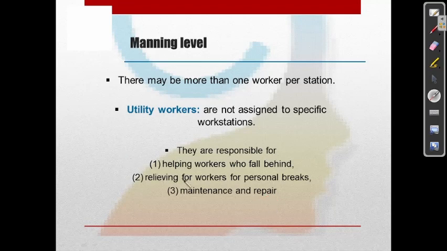Some workers need help for a certain time, if the instrument does not come at the correct time, or if one or more products come at a particular time at the station. At that time the worker needs help from another worker. Then relieving workers for personal breaks: when a man wants to go for a break, another person will help during that time. That comes under manning levels. Thank you.